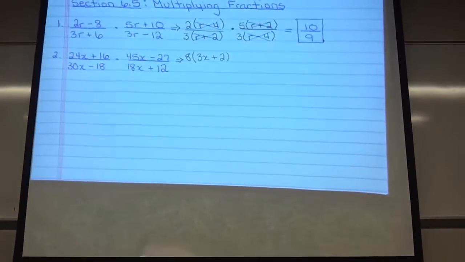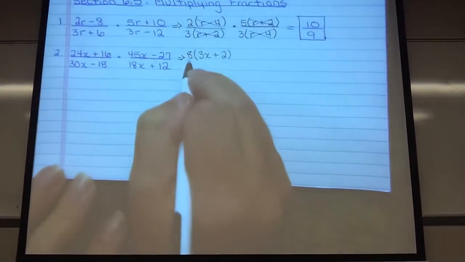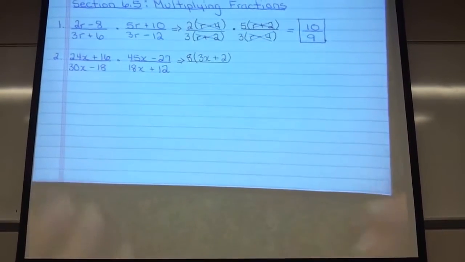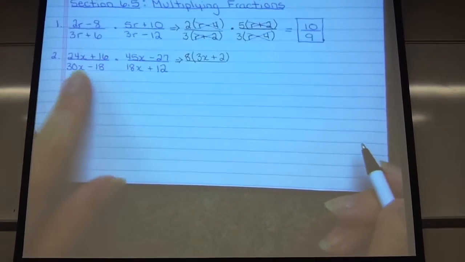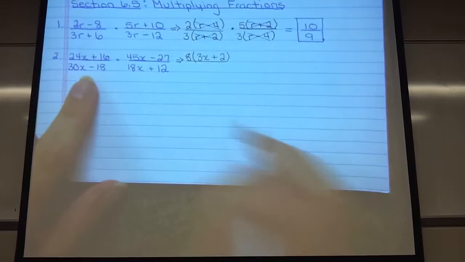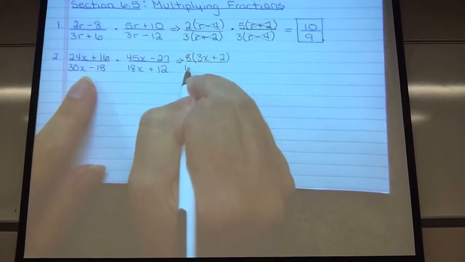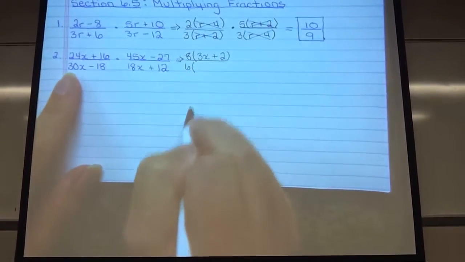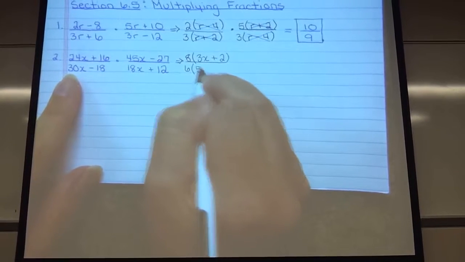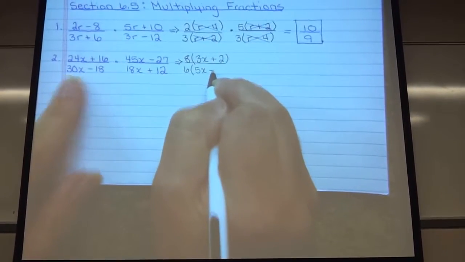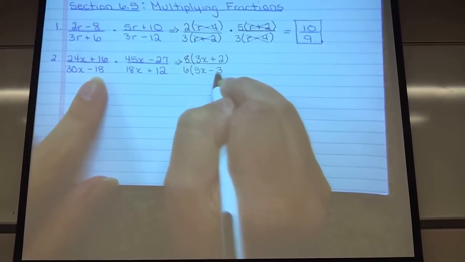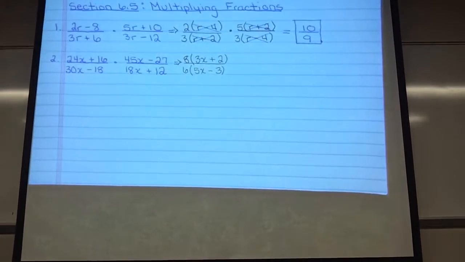So there's the first part. Then on the bottom, what number could you take out? 6. So 6 goes into 30 5 times, minus 6 goes into 18 3 times. So that's the second part.